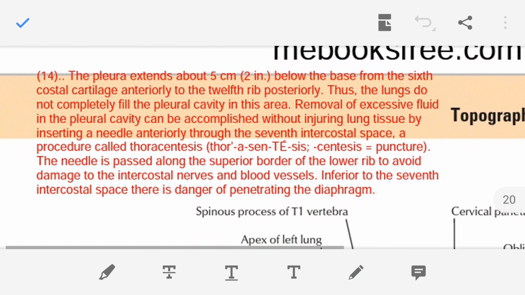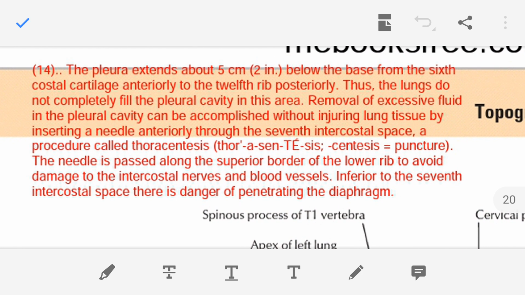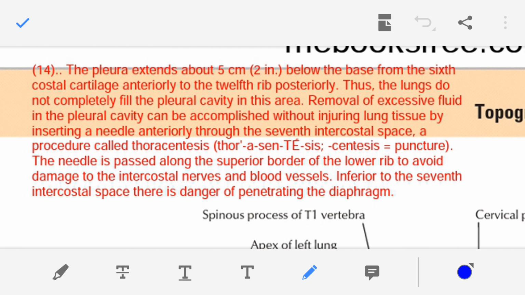Now sometimes in these pleurae, excessive fluid is accumulated in the pleural cavity. And how do we remove this excessive fluid accumulated in the pleural cavity? There is a procedure in which a needle is inserted into this pleural cavity.